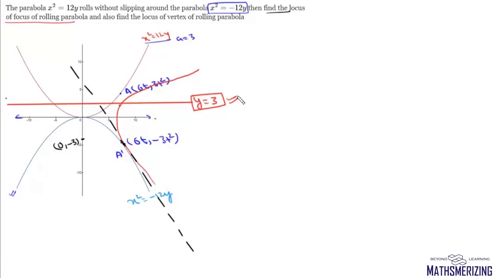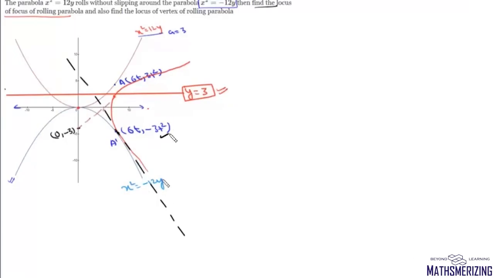Now we'll come to the second part. The second part says we need to find the locus of the vertex of the rolling parabola. The vertex of the rolling parabola is the mirror image of the vertex of this parabola about this tangent. Once we have this point and we have the equation of this parabola, we can write the equation of this tangent. The equation of this tangent is given by T equals 0. So in place of x square, we'll write x into x1, so it will be 6t into x, and then minus 12.